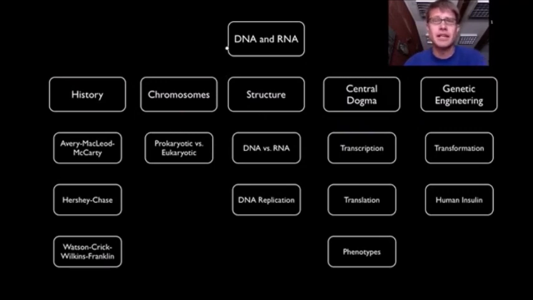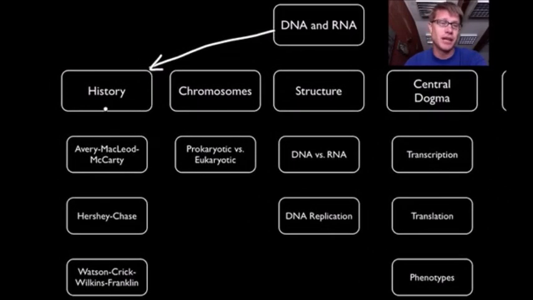So in this podcast, I'm going to try to accomplish 5 things. First of all, we're going to talk about the history of DNA, how these 3 experiments, the Avery, McLeod-McCarty, the Hershey-Chase, and finally the Watson-Crick, Wilkins, and Franklin experiment showed us what DNA looks like, where it is, and how it works. Next, I'll talk about how DNA is organized in chromosomes, both prokaryotic and eukaryotic.